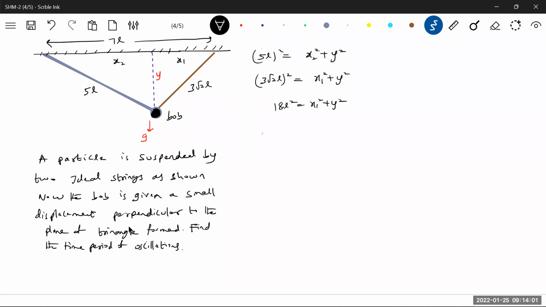This should be equal to 18 L square minus x1 square. 25 minus 18, 7L square equals x2 minus x1, x2 plus x1. x2 plus x1 is 7L.